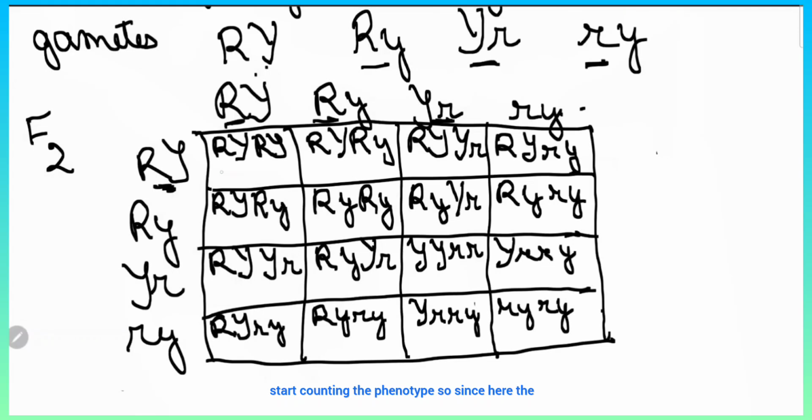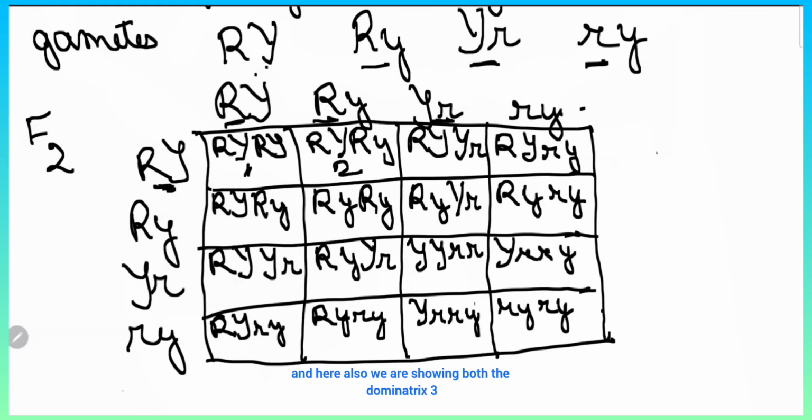Since the pairs of alleles where we get both the dominant are there, they will all be showing the dominant trait. It may be capital R or capital Y. That means they are dominant, any of them. So here this is the dominant, this is number 1. It is showing both dominant traits. Here also it is showing both dominant, 2.